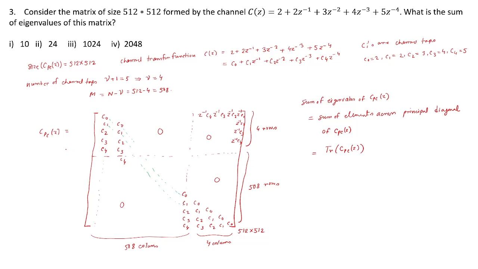Now we have already seen from the previous question, and here it is becoming more evident, that across the principal diagonal the elements are C naught only.